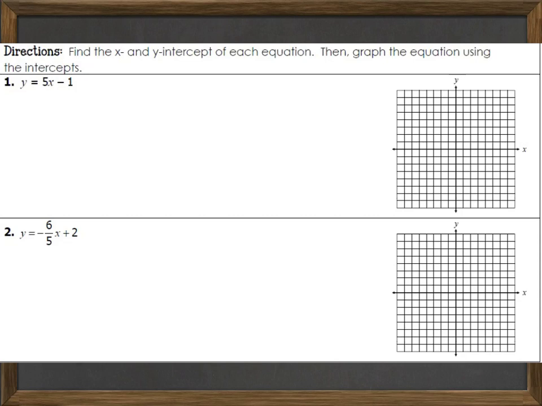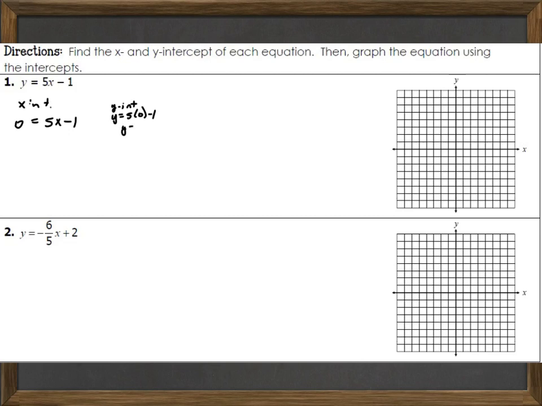So, for the x-intercept, you'll have 0 equals 5x minus 1. Okay. For the y-intercept, you'll have y equals 5 times 0 minus 1.